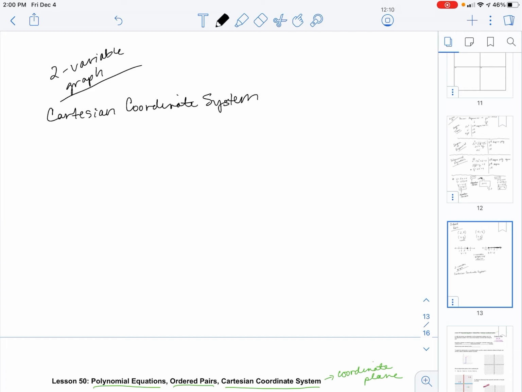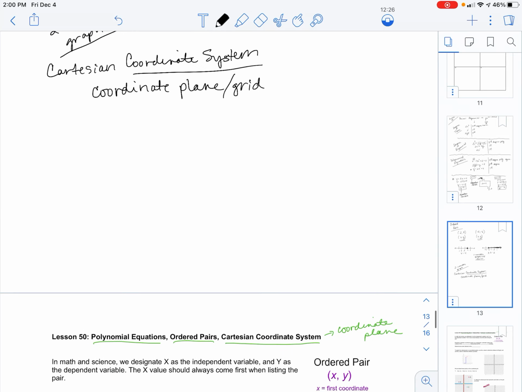It's also called just the coordinate system, but mostly we might call it a graph, though it really would be either a coordinate plane or a coordinate grid. So really I guess there's four names.